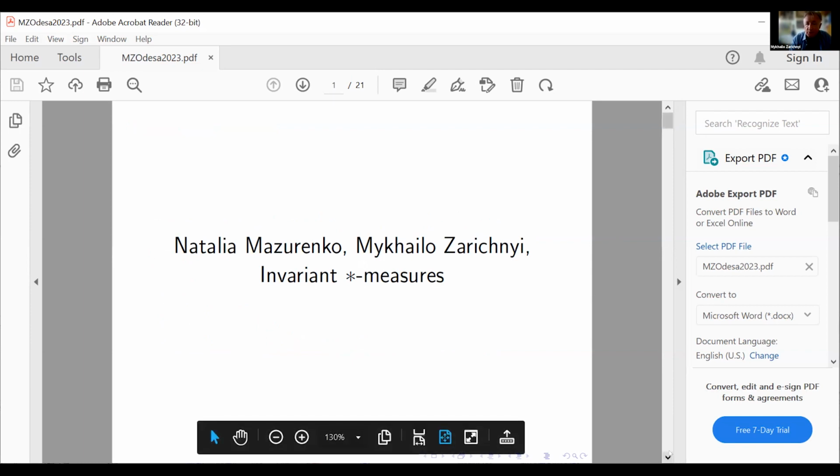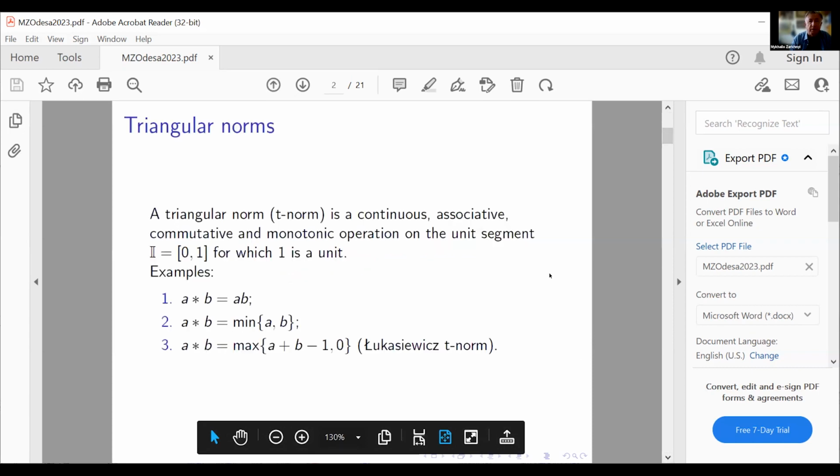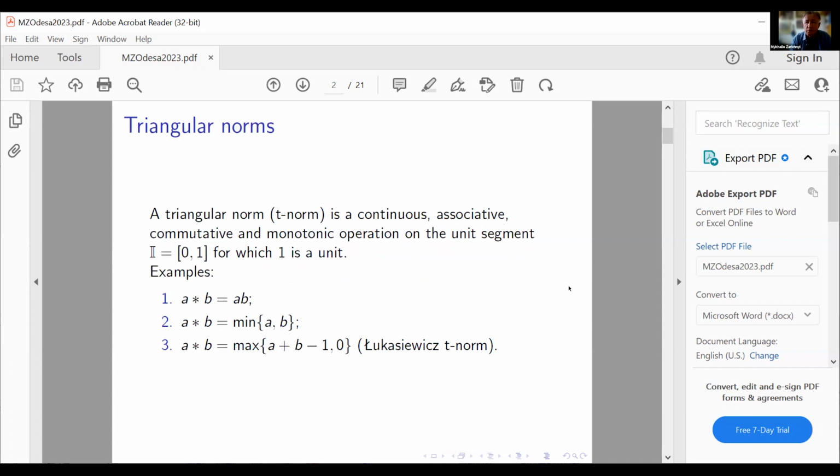So I will start with the following definition, that of a triangular norm. This is an important notion from the theory of so-called fuzzy metric spaces. A triangular norm, in other words a T-norm, is a continuous, associative, commutative, and monotonic operation on the unit segment, which is denoted by I, the segment [0, 1].